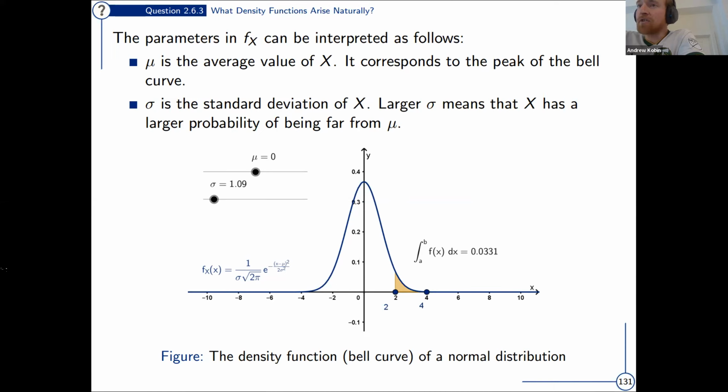So if sigma is larger, then this bell curve will spread wider away from mu and contain more area at a further distance from the average mu. And again, in the interactive version, you can tweak these two different sliders and see how the curve changes. But it's a probability distribution, so no matter what, the integral of this function from negative infinity to infinity is always equal to 1.